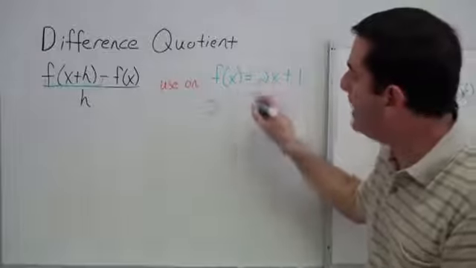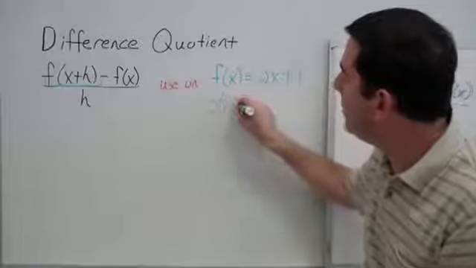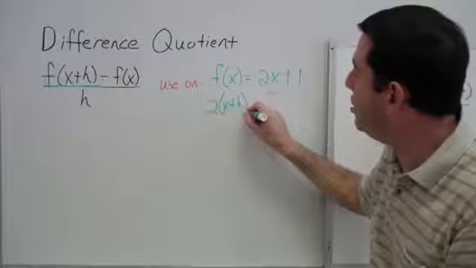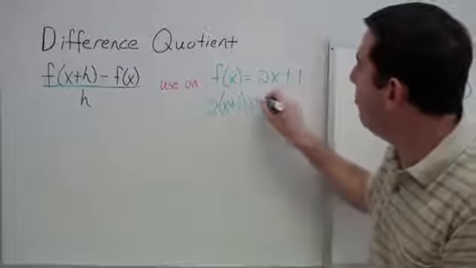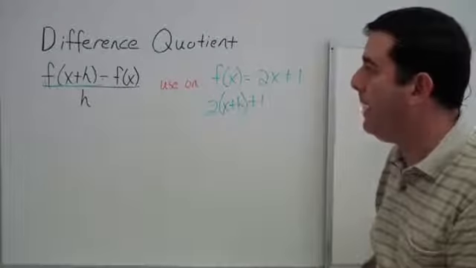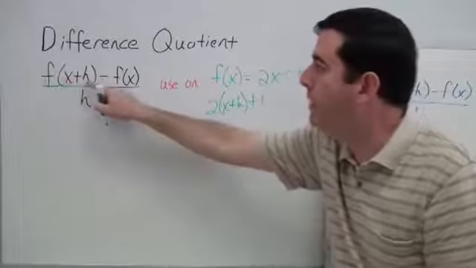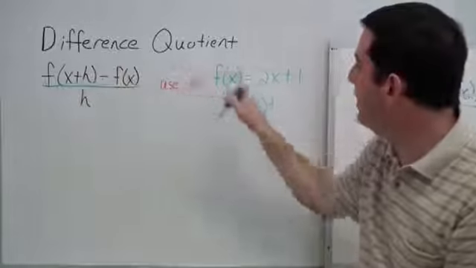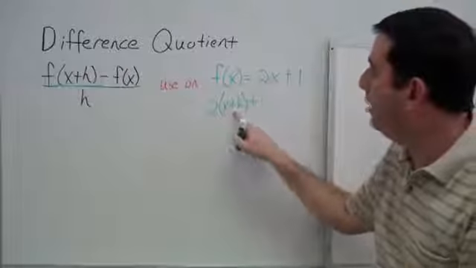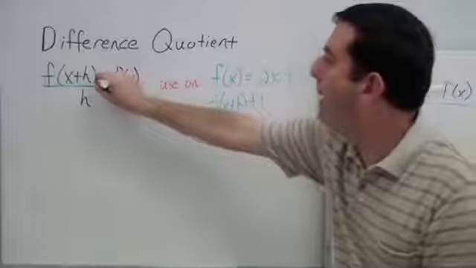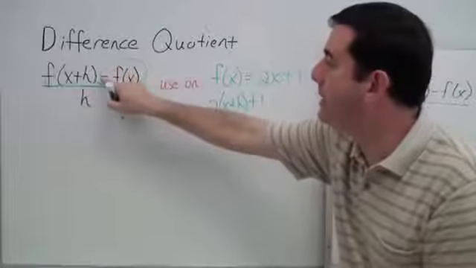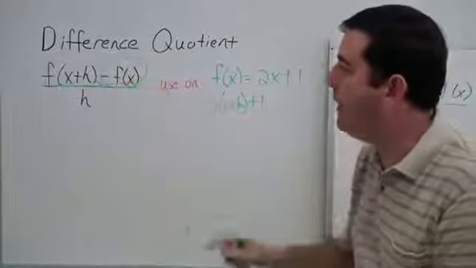Instead of this x, let's replace it with x plus h. Then let's bring down the plus 1 that was on the back. All I've done so far is the first part of the top, taking x plus h, putting it in for all of the x's. The back part of the top says subtract f of x.